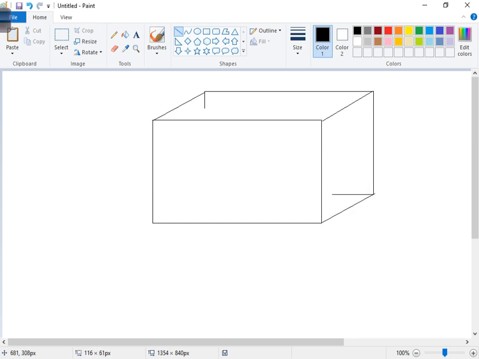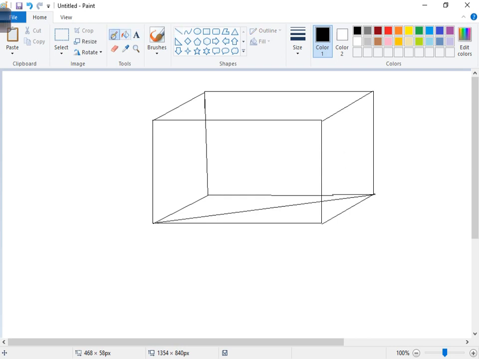Trying to make this cuboid as accurate as possible. Now we can draw the diagonal of this cuboid.